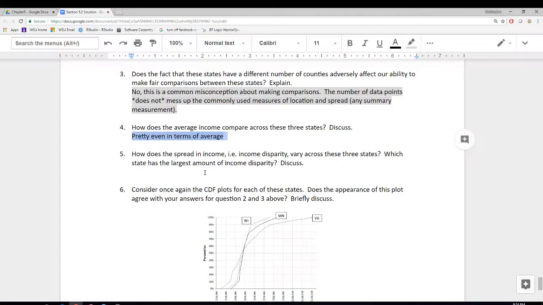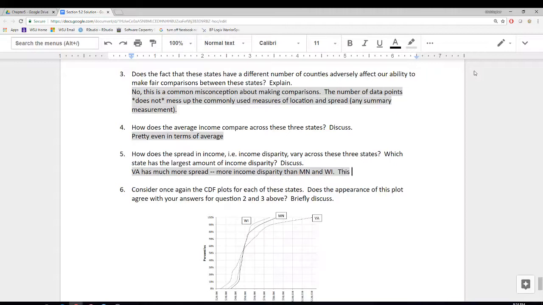How does the spread in income vary across these three states? There we have a pretty substantial difference. Okay, so Virginia has much more spread, which is more income disparity, than Minnesota and Wisconsin.